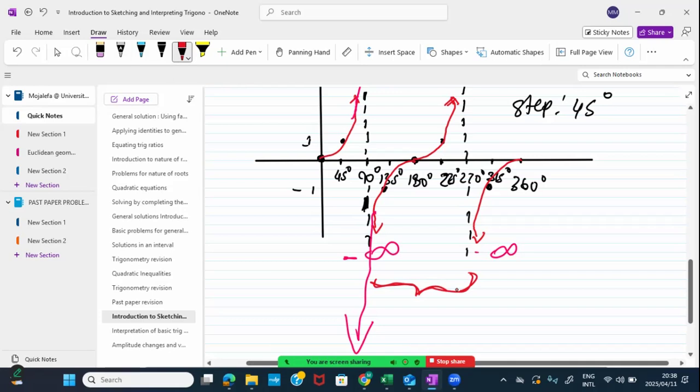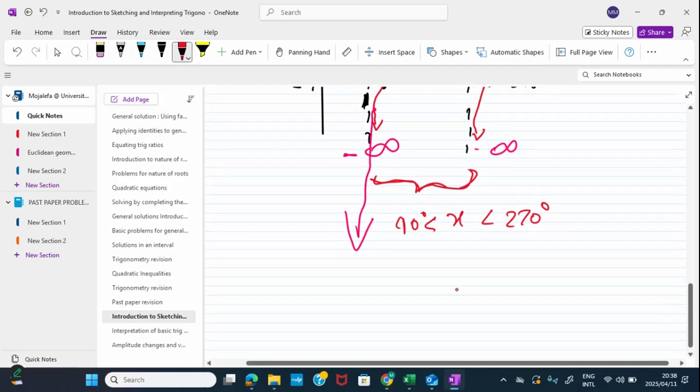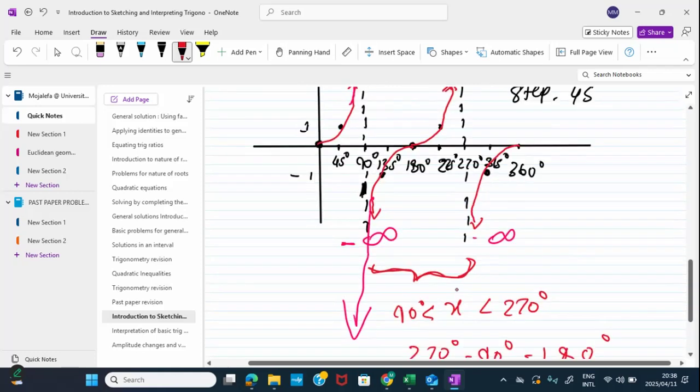And what is this interval? It's the interval where x is between 90 degrees and 270. What is the difference between 270 and 90? It's 180.